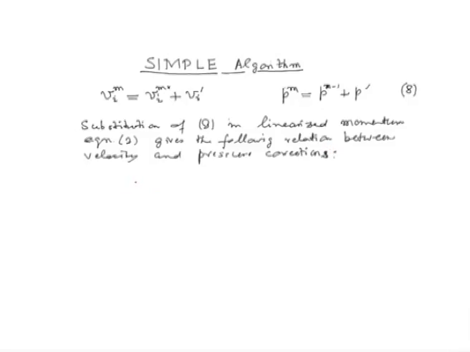So, this relationship is Vi prime equal to Vi tilde prime minus 1 over A P Vi, delta P prime over delta x i at point P. This has a form very similar to the relation which we have written for Vi m star.